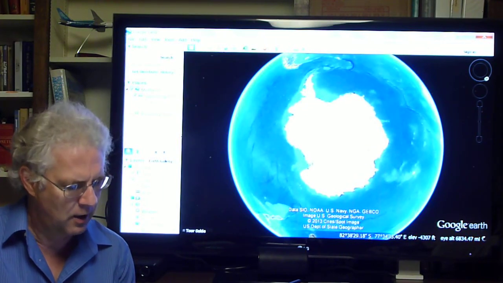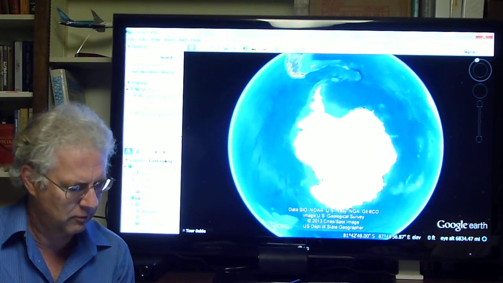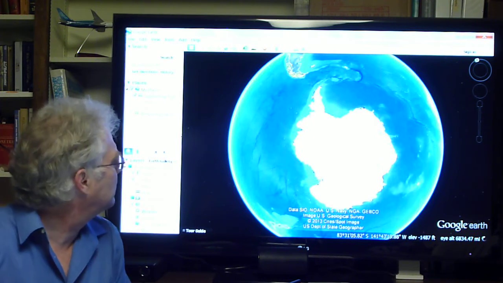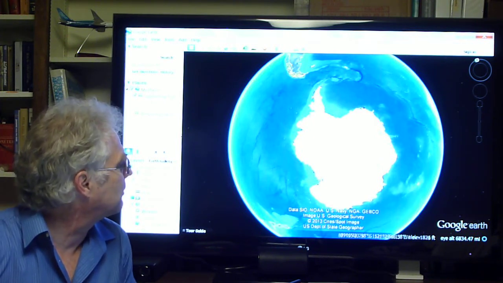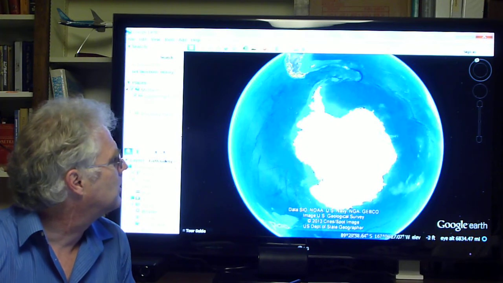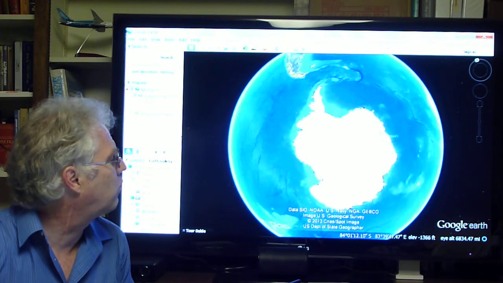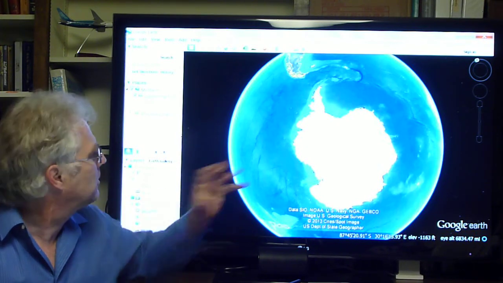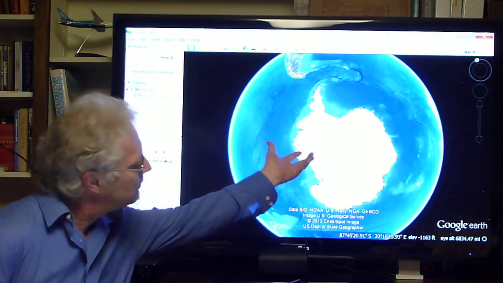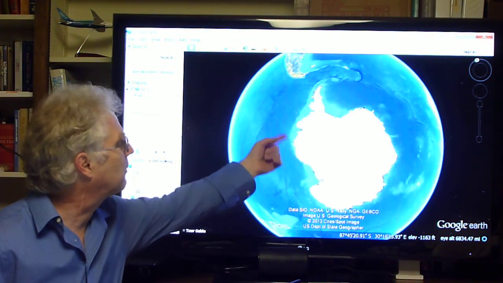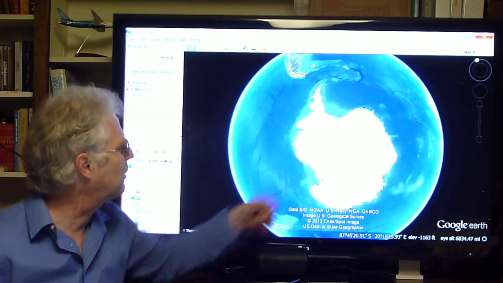weather picture, and you will note roughly here there seems to be an emanation of lines. This whole general area is where all the molten material from the Earth flows down from the North Pole to the South Pole.